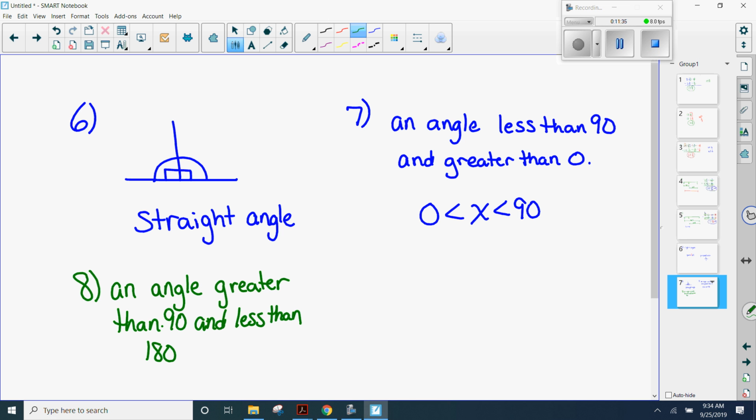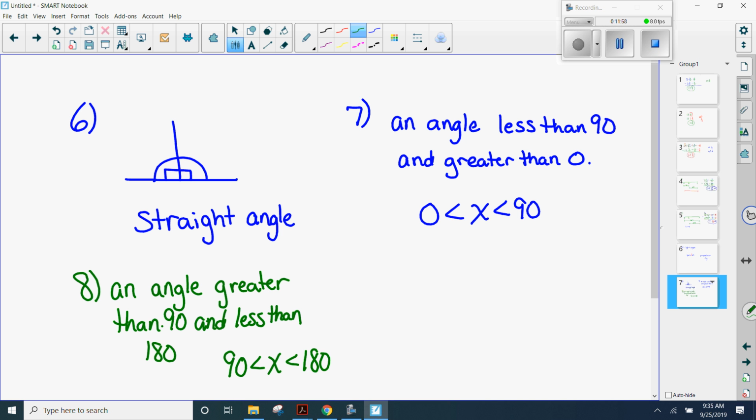The way that we were showing that, or said that you could show it with inequalities, your angle measure is greater than 90, but less than 180. Okay with that?